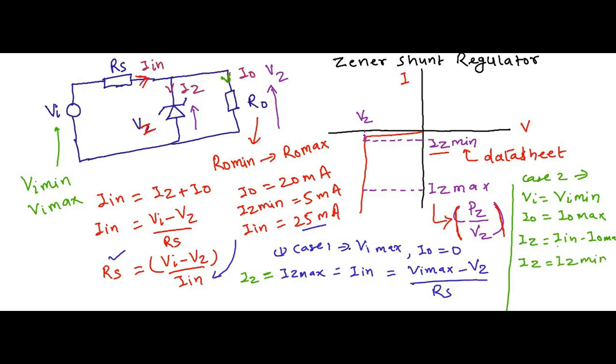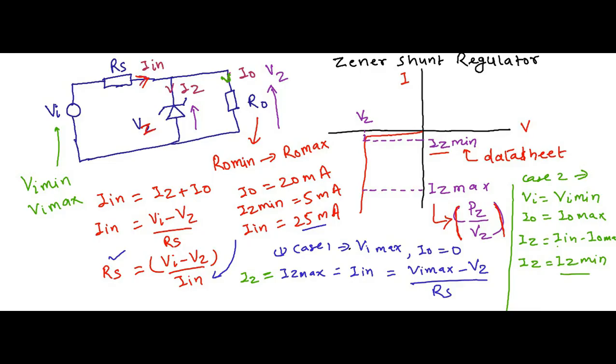When you have the maximum load current, I naught equals I naught max, and the minimum input voltage, Vi equals Vi minimum, at that point your Zener current is going to be the input current minus I naught max, which is the Zener minimum current.